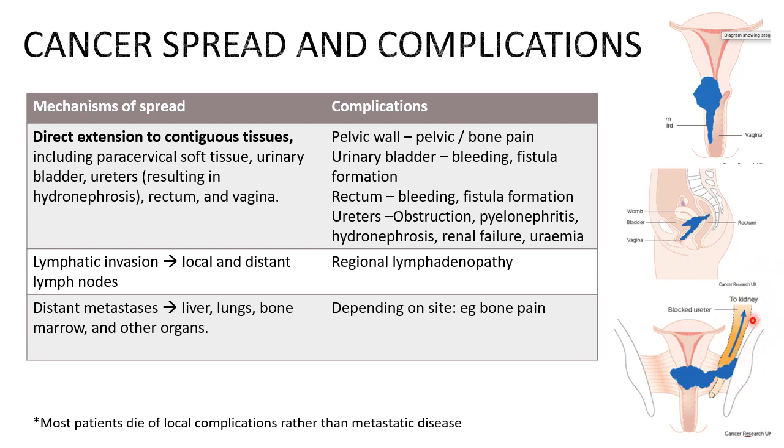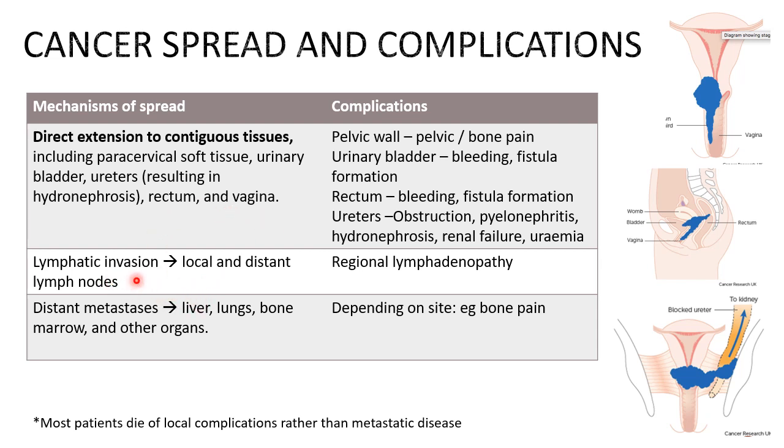They can get dilatation, structural changes, hydroureter, hydronephrosis, and then with subsequent destruction of the renal parenchyma or very severe obstruction, patients can get renal failure and uremia. And this is actually one of the fatal complications of cancer spread of cervical cancer. So that's direct spread.